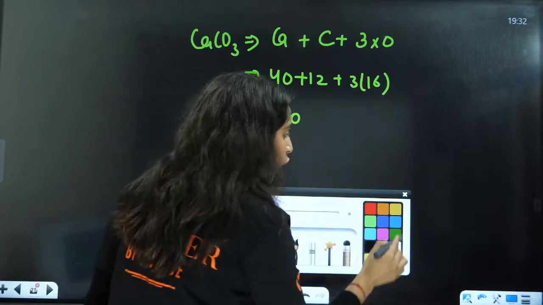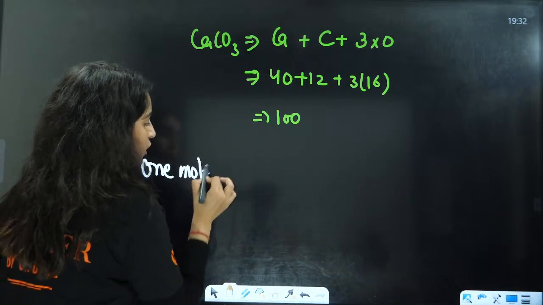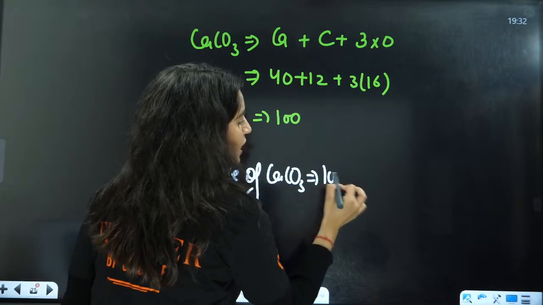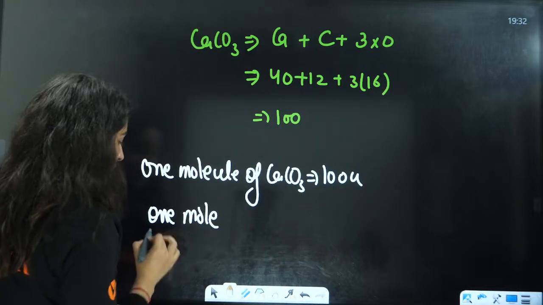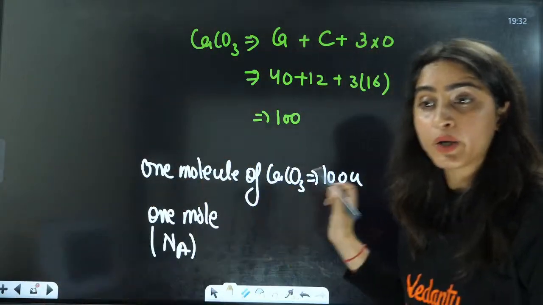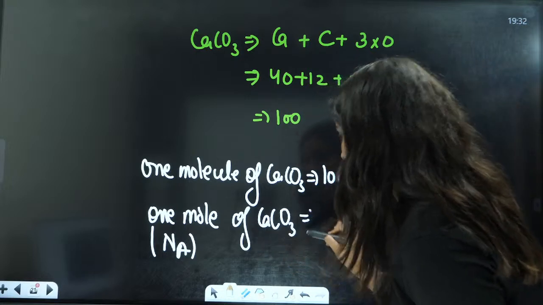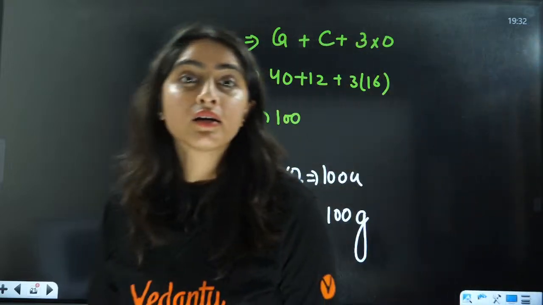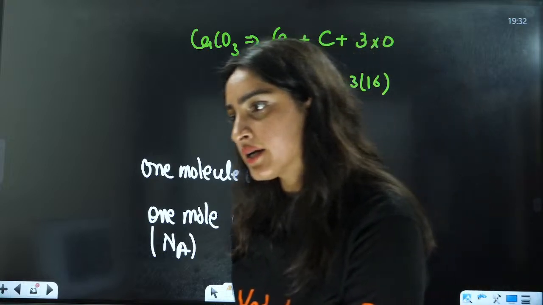So if I am talking about one molecule of CaCO3, it will have mass 100 u, and 1 mole, that means NA particles, that is 6.022 into 10 raised to power 23 particles, of CaCO3 will have 100 gram. That will be 100 gram of molecular mass. Okay, right? Yes, 100 is the right thing.